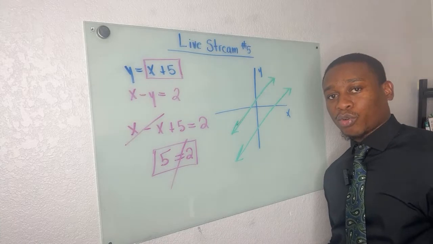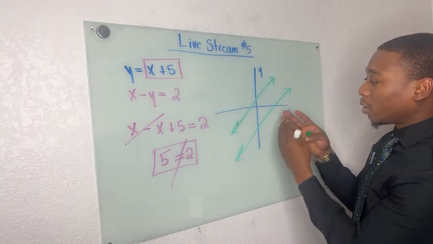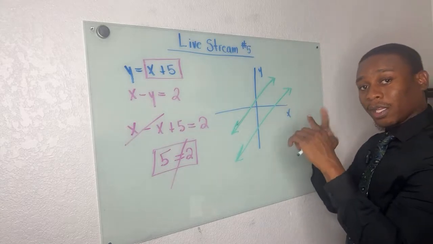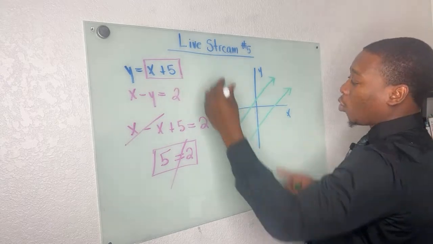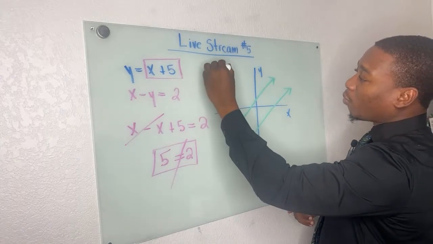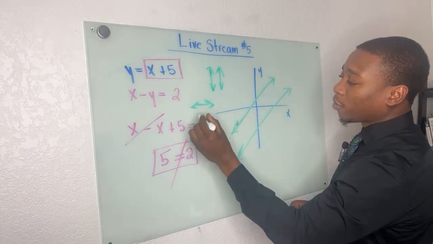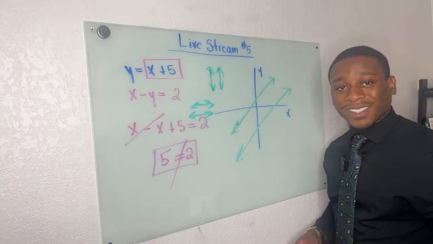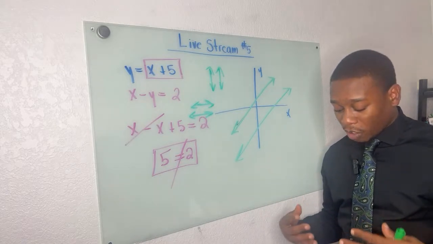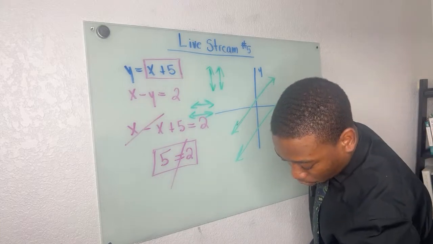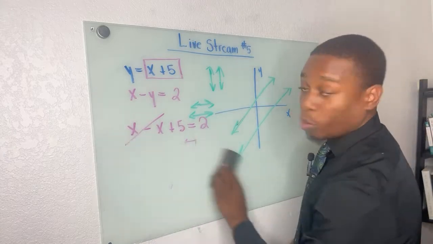So if they asked you to match the graph, you would look for a graph where the lines do not intersect. They don't cross each other. They're just running together parallel, whether they're both up and down, or they both run left to right. They will not intersect. So that's our first problem when we're talking about systems of equations. Okay. So that's our first solution, when there's no solution.